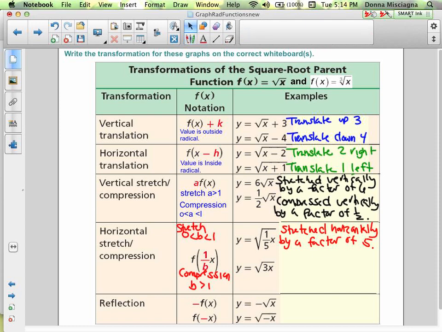Notice it says f of 1 over bx. So if it's f of 1 over b, and my b is in the denominator there, that means my factor is b. Now the next one, this one is compressed horizontally.